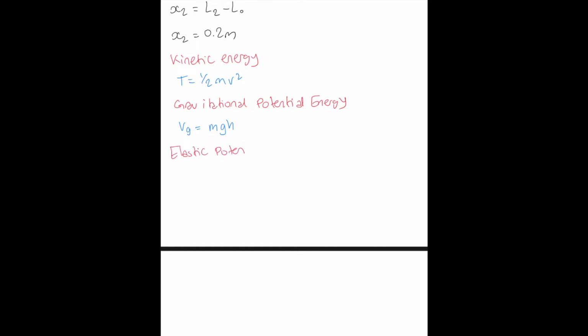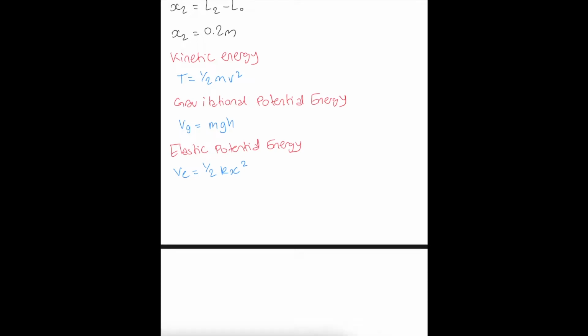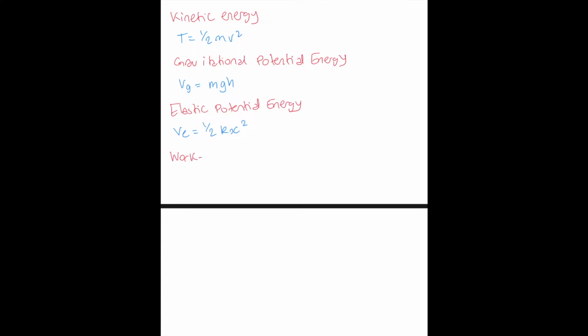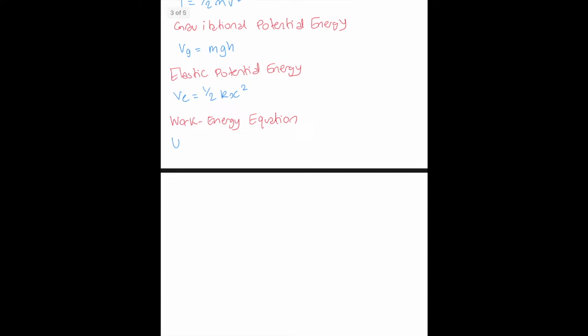The elastic potential energy is half kx squared, and the work energy equation is U equals the difference in T plus the difference in V, where V is just the elastic potential energy plus the gravitational potential energy.